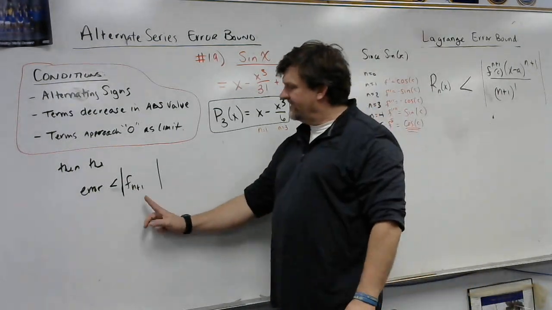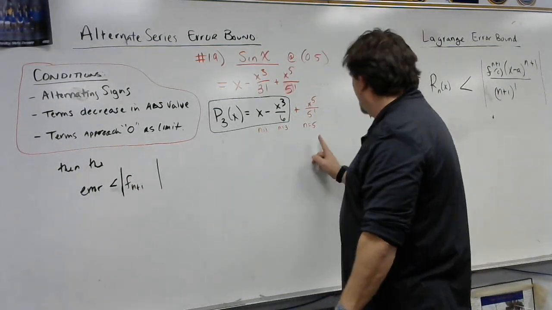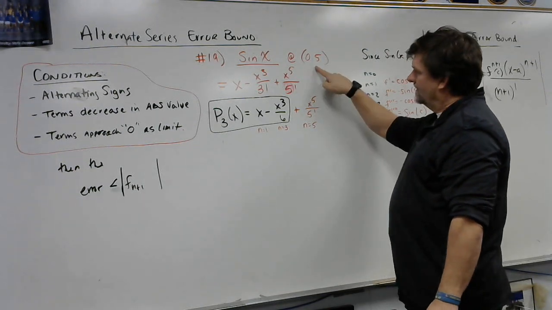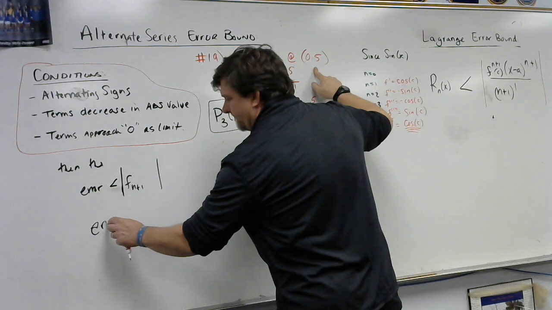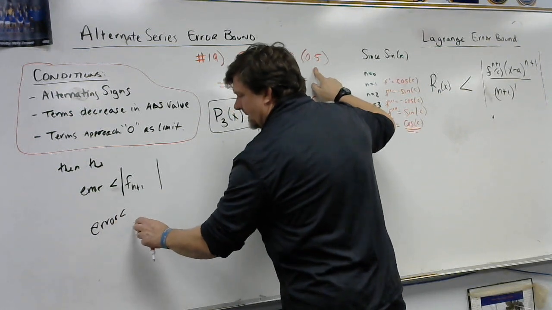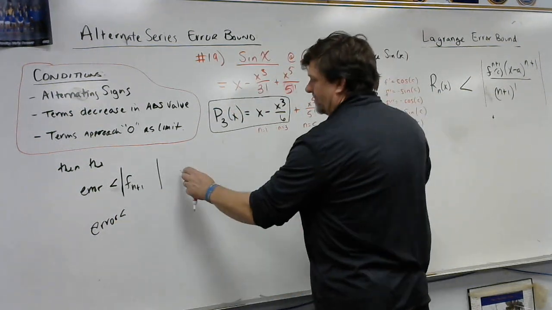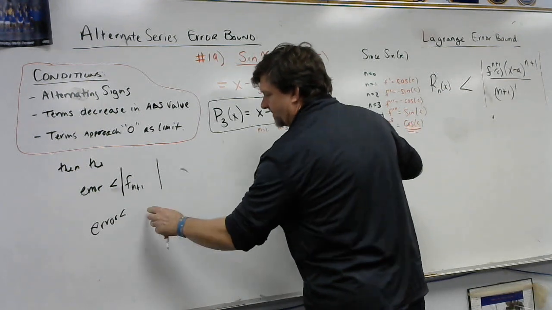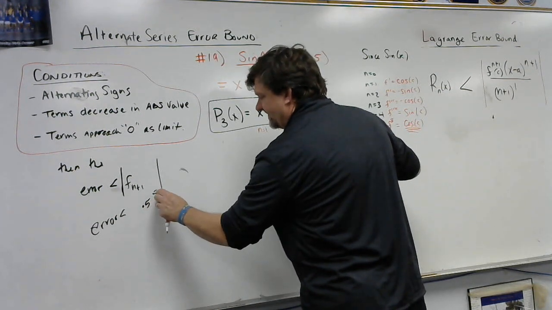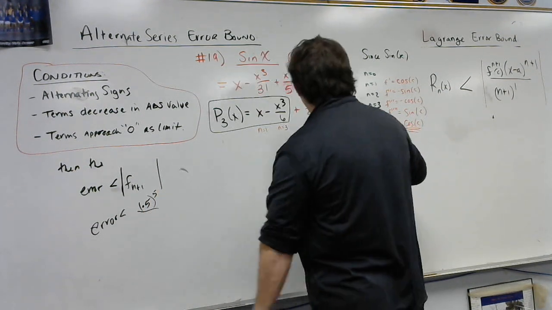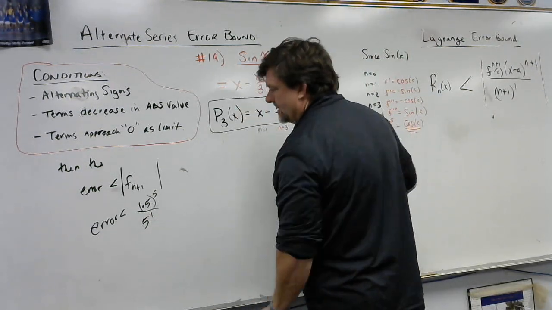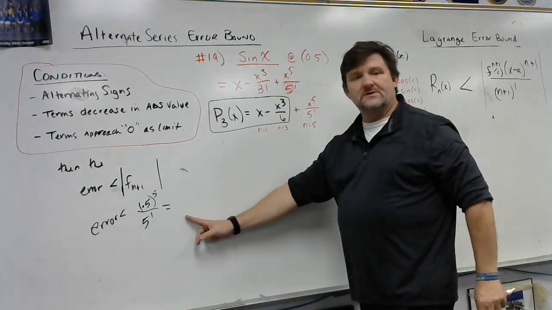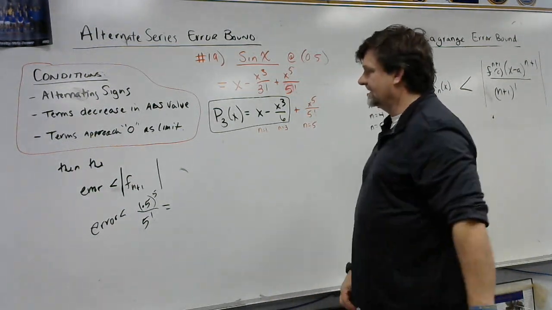And so we want it evaluated at this term with that a. So this error is going to be 0.5 to the 5th power over 5 factorial. You can use that calculator and you get a really, really small number. I can't remember exactly what it is.